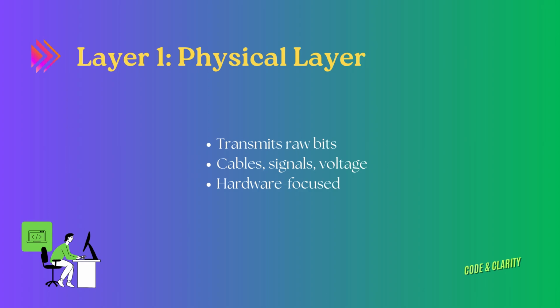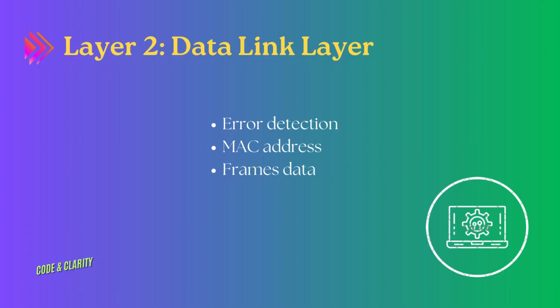Next is the data link layer. This layer ensures that data is transferred without errors between two directly connected devices. It handles error detection, MAC addresses, and framing of data, dividing the data into frames. Switches work at this layer.